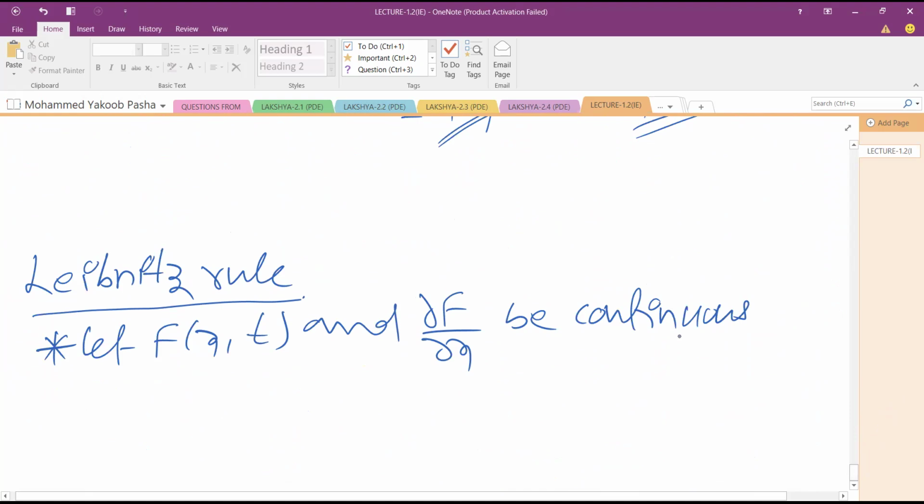Leibniz rule. First, we are taking two functions, one function that is f of x comma t, and also the first order partial derivative be continuous of both variables x and t.